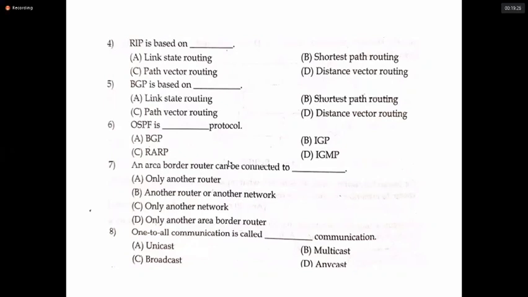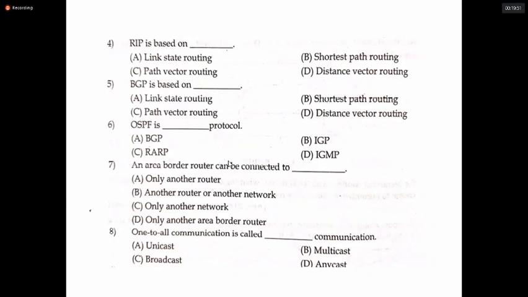OSPF is a dash protocol. Open Shortest Path First is a dash protocol. The options are BGP, definitely not, because BGP is a different protocol used by path vector routing. Next, RARP, reverse address resolution protocol, will never come into the picture here, so option C is ruled out.